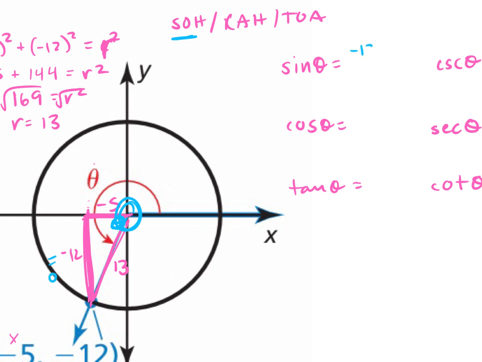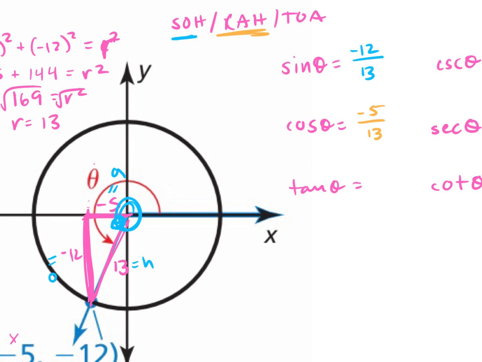So this would be negative 12 over, what's our hypotenuse? 13. So negative 12 over 13. So cosine is what over what? Adjacent over hypotenuse. So what's adjacent? Negative 5 over 13. So if it helps, I would label everything. Because this is your theta, so you know that negative 12 would be opposite, negative 5 is adjacent, and 13 is your hypotenuse. So label it. That way it's easier just to plug in when you're doing your SOHCAHTOA.